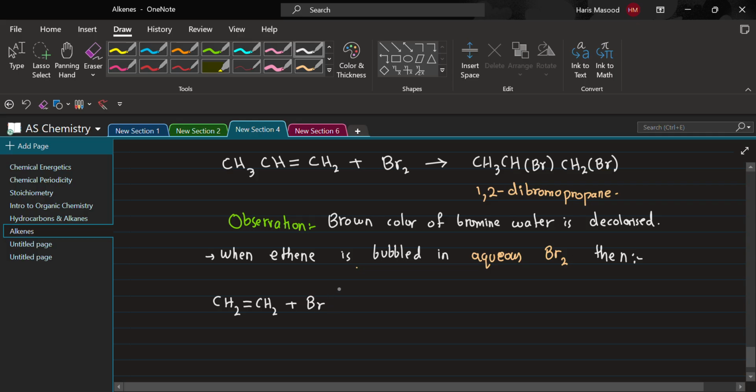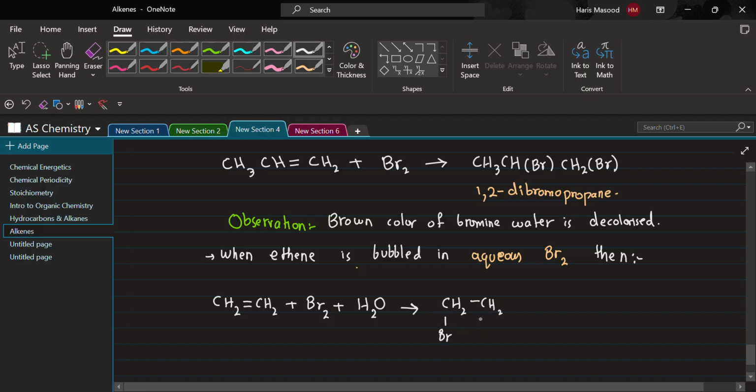Now this is an aqueous bromine, and we are now trying to bubble it through the water. So the water is not going to dissolve with the bromine. Instead, it will react again with whom? Ethene. So basically you will be getting two types of products.